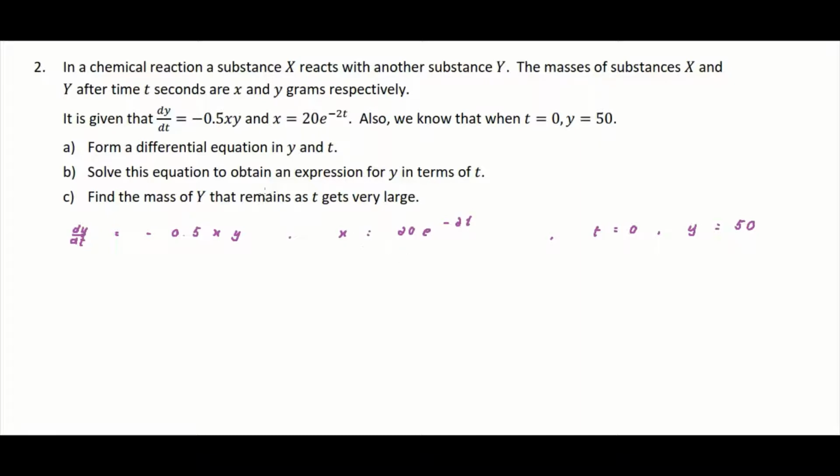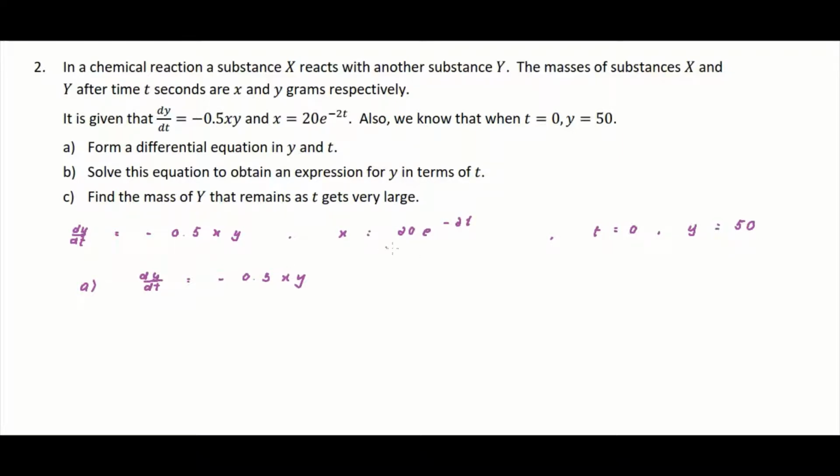Alright, so let's try to do this. For A, you already have dy/dt, so we start from there. dy/dt equals negative 0.5xy. The question wants the differential equation in terms of y and t only, so we should substitute something for the x here.